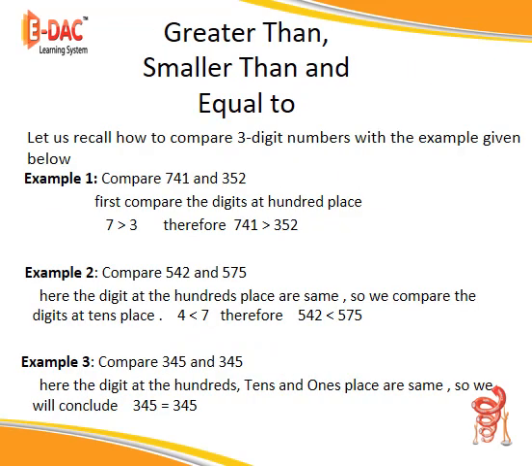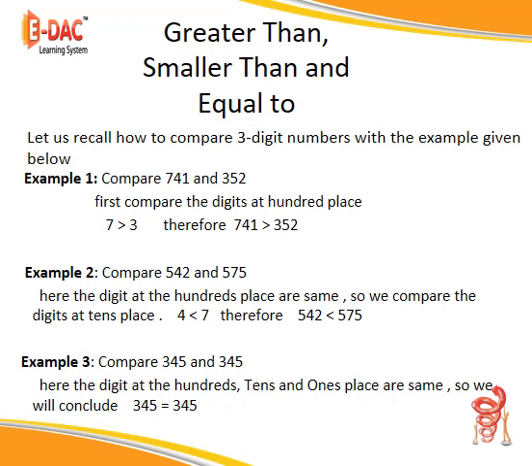Greater than, smaller than and equal to. Let us recall how to compare three-digit numbers with the examples given below. First example, we want to compare 741 and 352. For this, first we will compare the digits at the hundreds place.